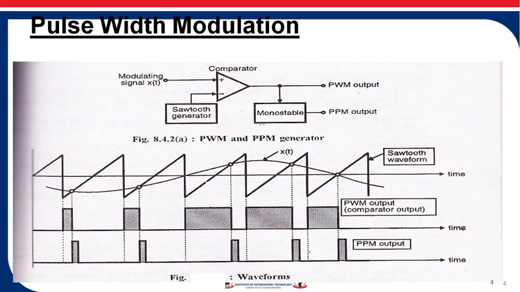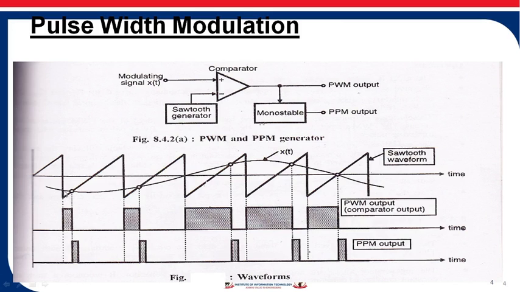The comparator output will remain high as long as the instantaneous amplitude of the modulating signal is higher than the amplitude of the sawtooth waveform.